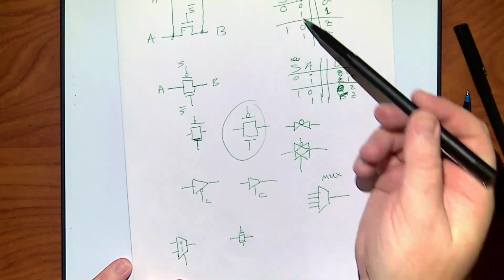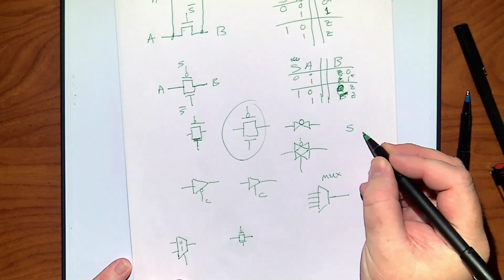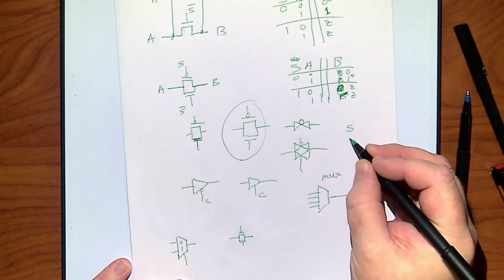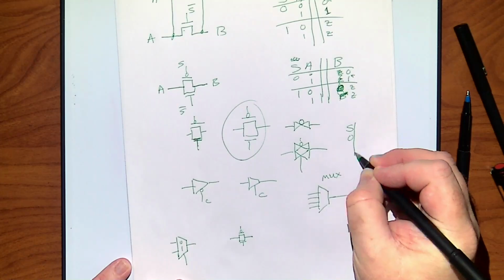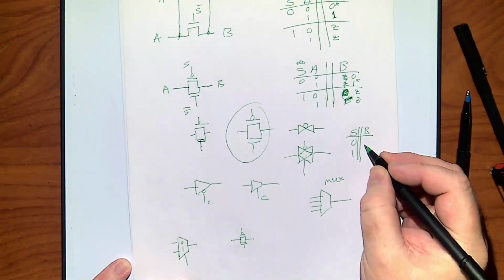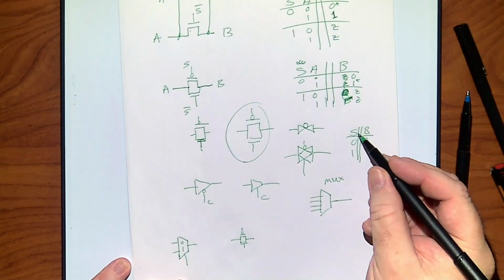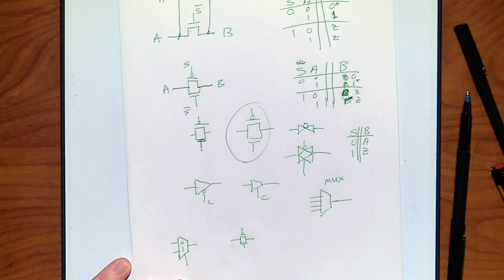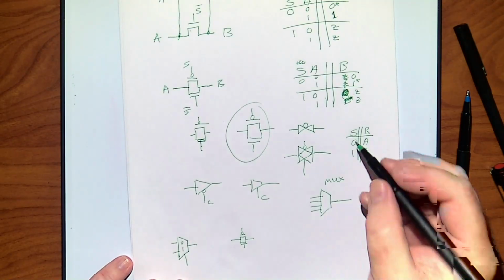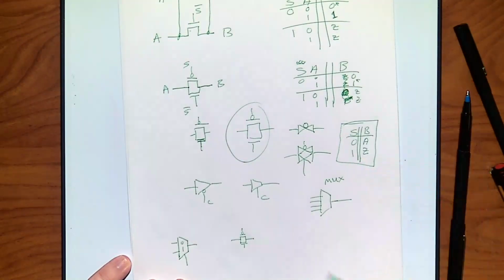So here's my transmission gate, right? Remember, S, and if S is a 0, I'm going to oversimplify my table. If S is a 0, I get an A. If S is a 1, I get a Z. Just kind of condensing the table down to make it prettier. And we know it's a strong on both 0 and 1 because we hooked those two together, right?